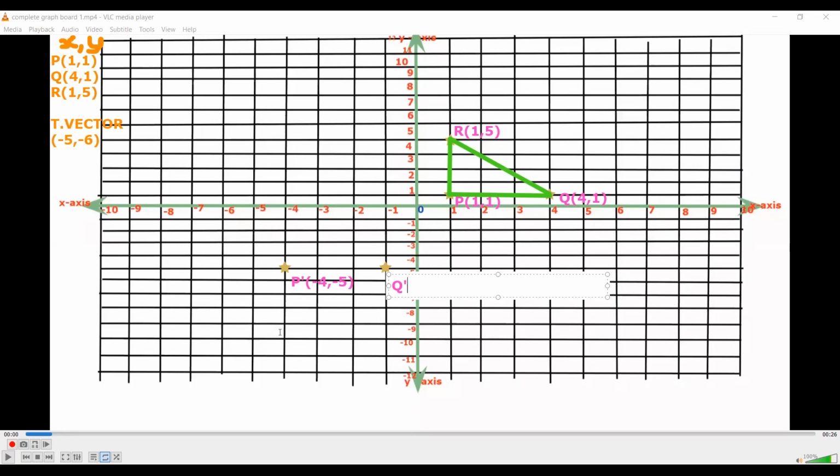So the Q prime, which is the image, is formed by -1 and -5.